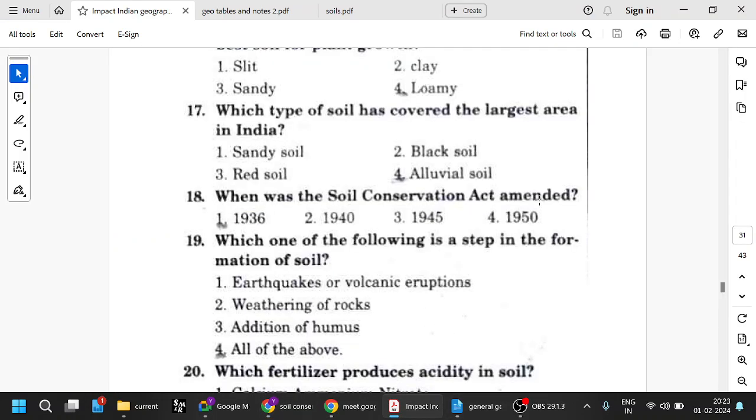When was the Soil Conservation Act amended? So, if 1951 is there, I think that is the better option. Maybe there is the 1936 also, remember. But prominently, the latest one is 1951.